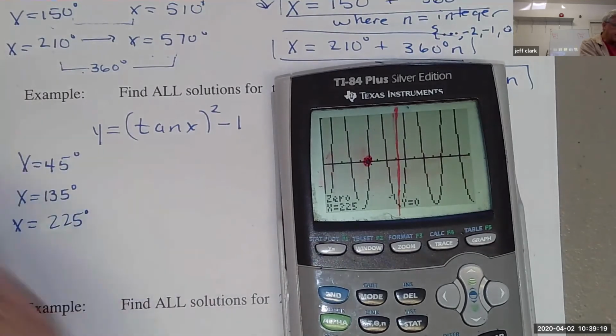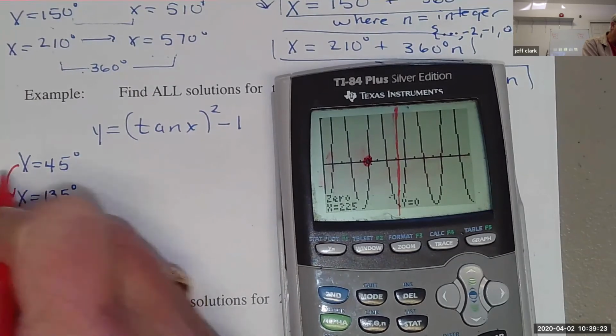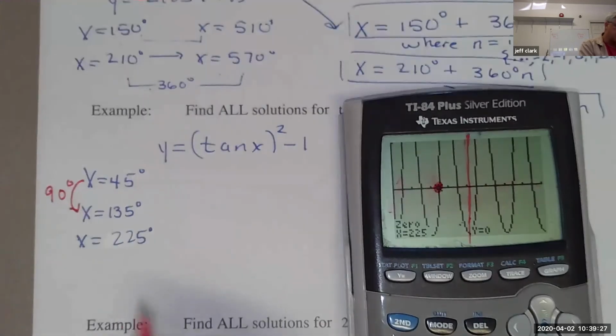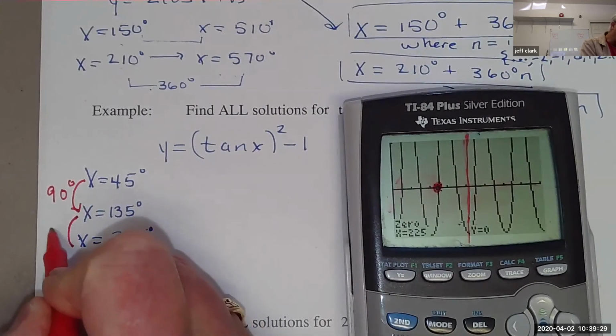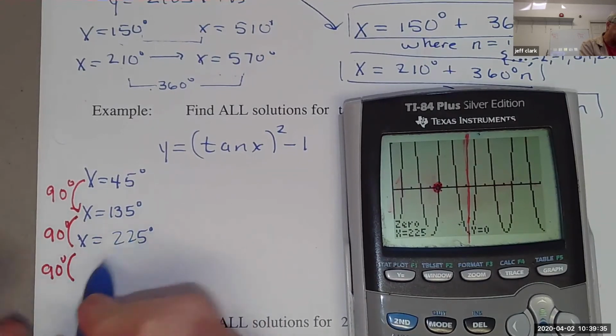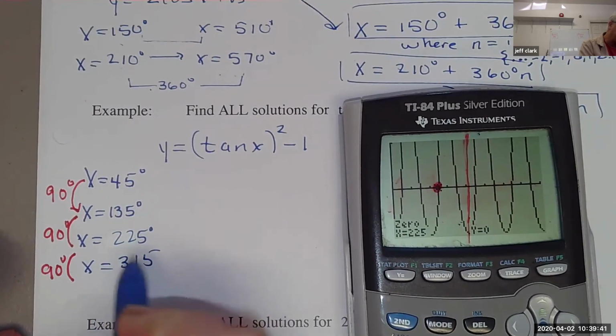So look at the pattern here. That's 90 degrees. And that's 90 degrees. So I'll bet you another 90 degrees will get me to the next one. 90 degrees, that's 315.